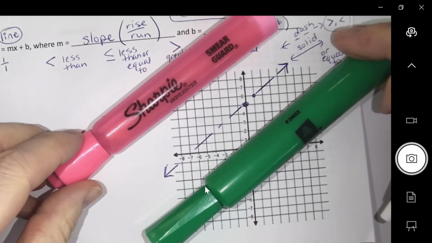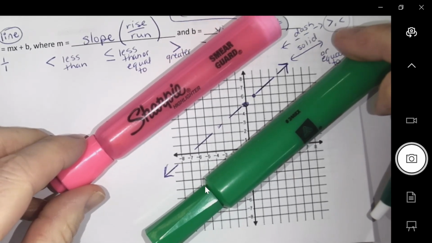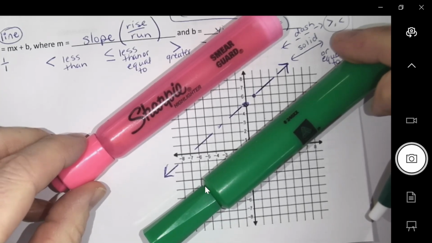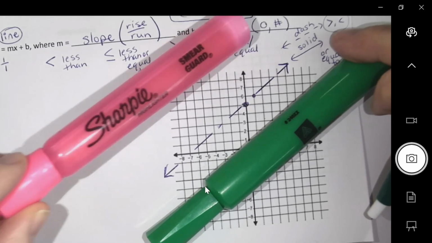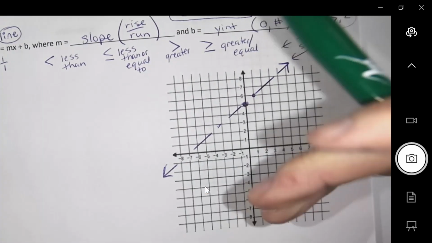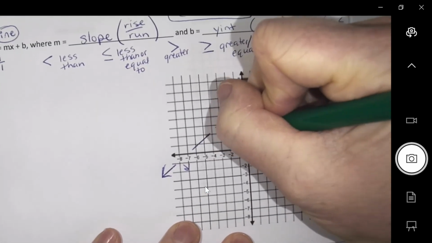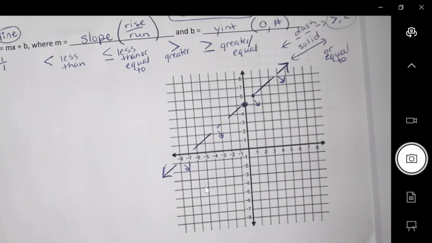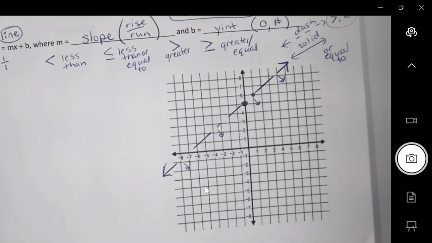Which color, pink or green, is less than because it's angling downward? The green. So just think angling down. I'm going to draw little arrow directions like this. I want to be below that line.